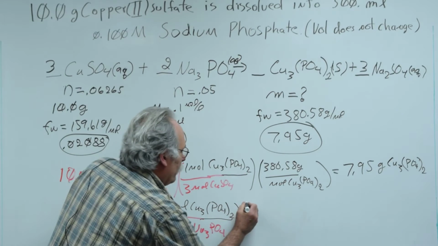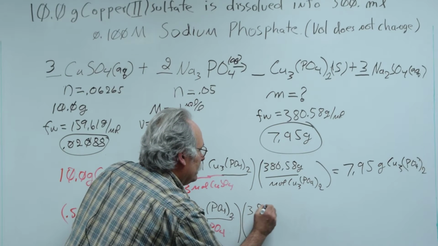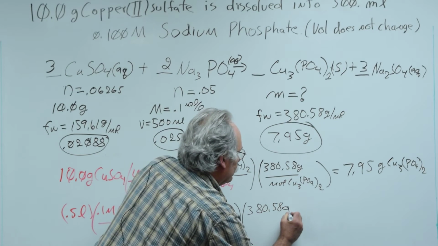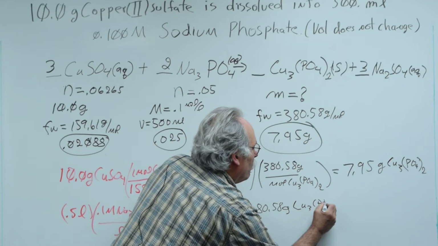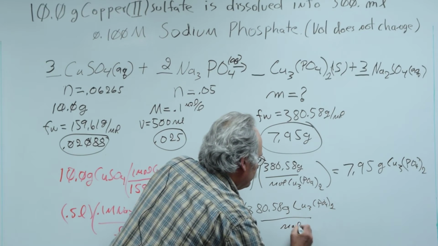And then the molar mass of this is 380.58 grams of Cu3(PO4)2 per mole.